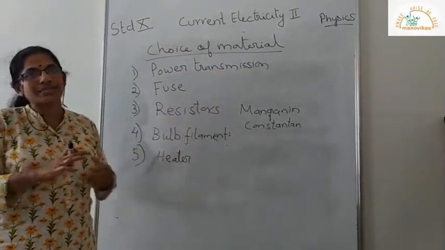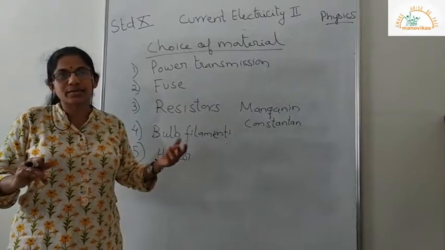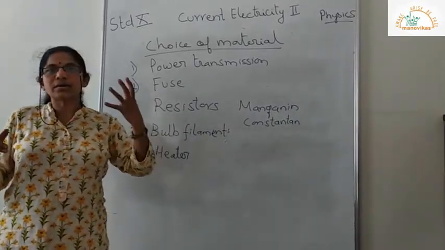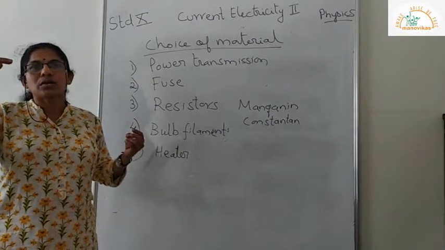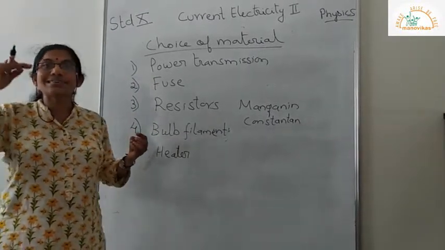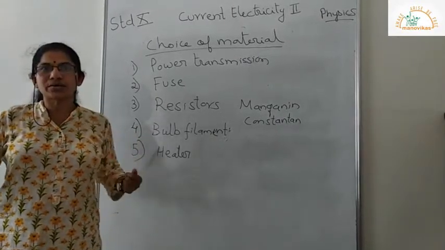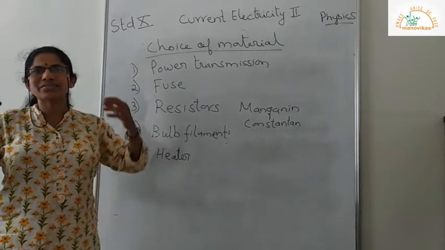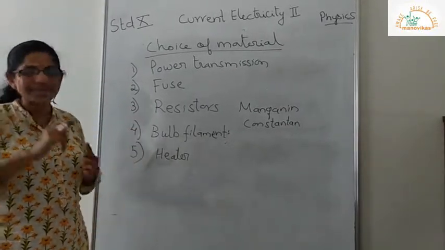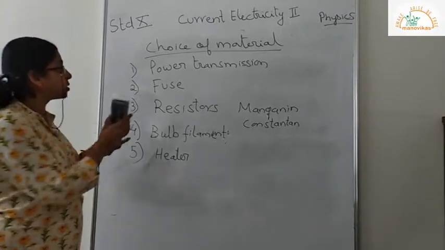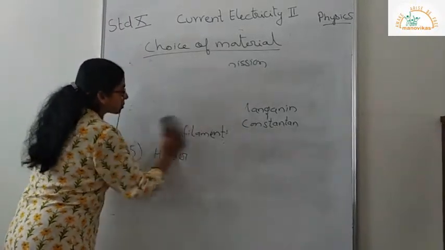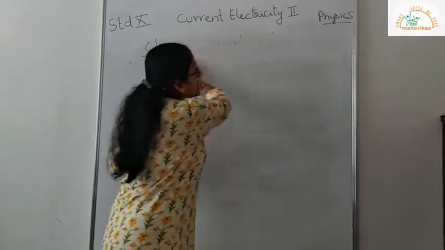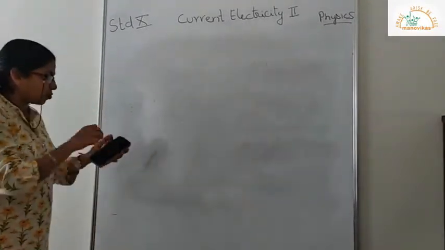Now towards the end, I will be explaining superconductors. Suppose you are able to decrease the temperature of a particular wire. As you keep decreasing the temperature, you find that the resistance becomes very low, because resistance directly depends on temperature.